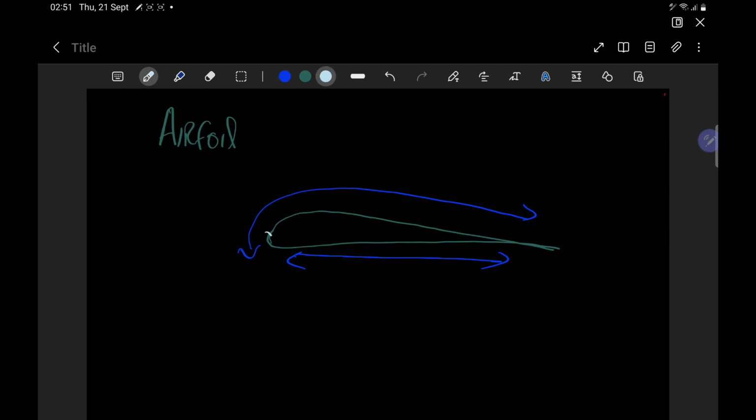We have more curvature on top of the wing as compared to the curvature on the lower side of the wing. So this airfoil design is giving us the same results as we were getting from the Bernoulli example. We can repeat it once again.